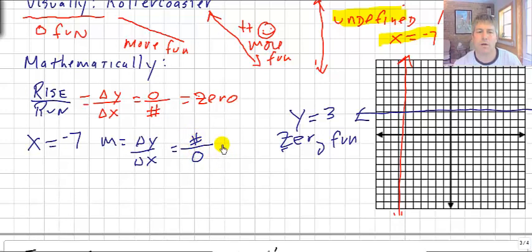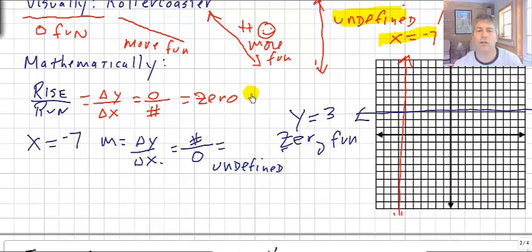We're going to have some number on the top, but 0 is underneath, so that particular slope is undefined. So, sure enough, a vertical line has an undefined slope, because there is 0 change in x, and we have 0 in the denominator of our slope equation, and so that makes a lot of sense.